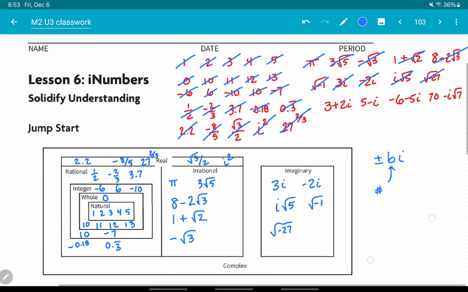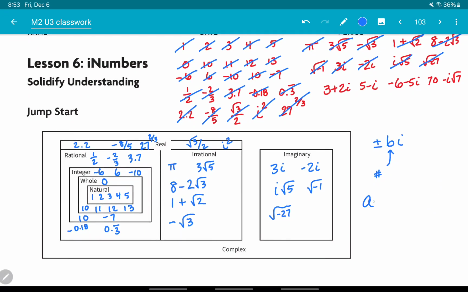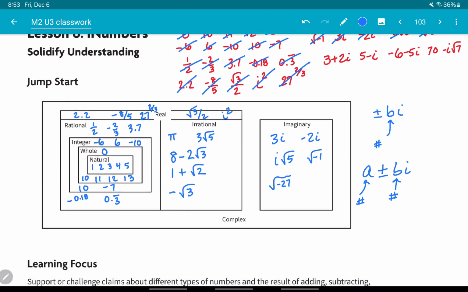Okay. And then we have complex numbers. Complex numbers are always going to take the form a plus or minus bi, where you're going to have some number here, another number here, and then i. Now, it is also worth noting that complex numbers don't have to have both of these terms, because if your a value is 0, if a equals 0, then you have a complex number in the form of bi.